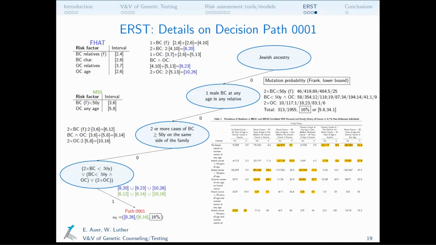Also note that we always compute the intervals for female breast cancer because we answered the question of male breast cancer with a no. Alright, the total for this probability is obtained from all the sub-criteria which are highlighted in this table, and the total corresponds to approximately 16% mutation probability.